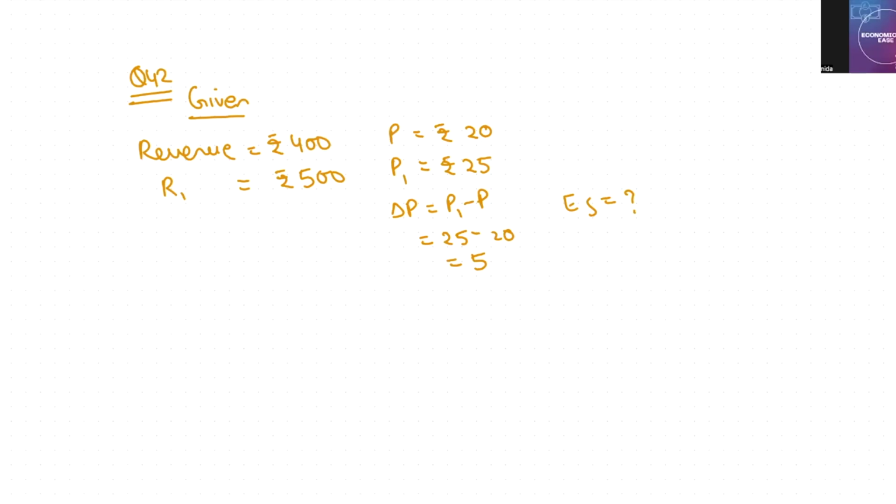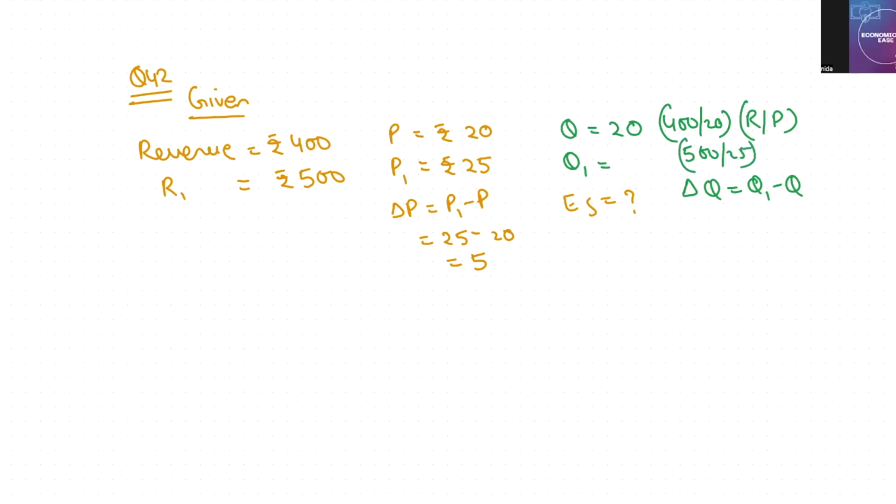First what we will do here, I'll just change the color: quantity and quantity 1, and here you can write delta Q equals Q1 minus Q. We know the formula revenue upon price, so to calculate the quantity, 400 divided by 20, you will get 20, and 500 divided by 25, so you will get again 20.